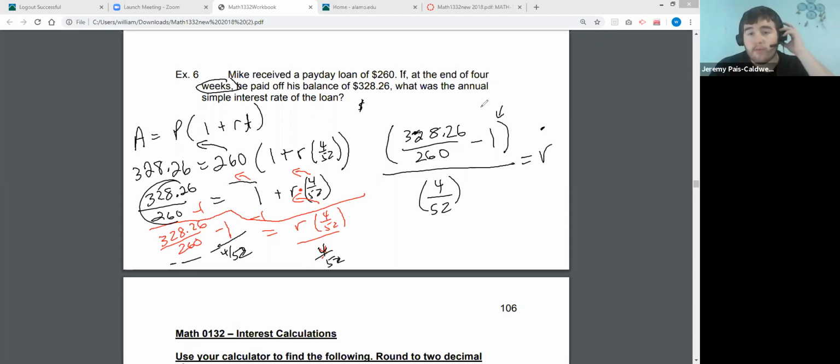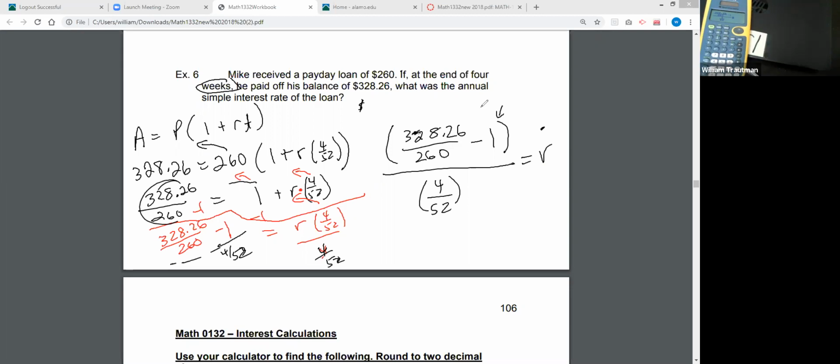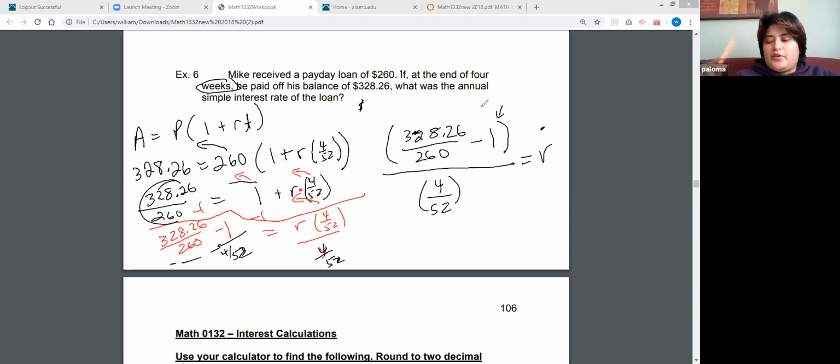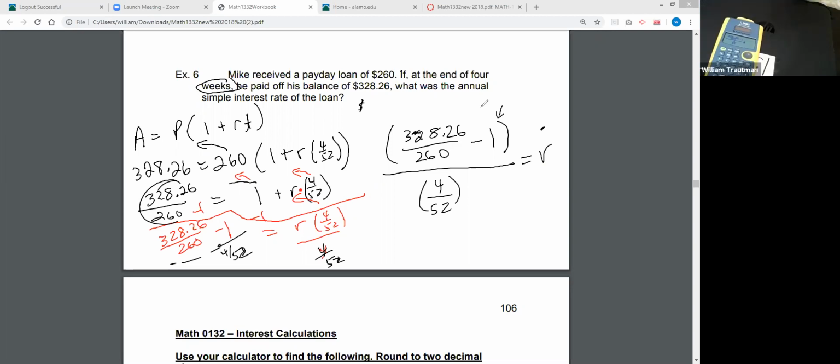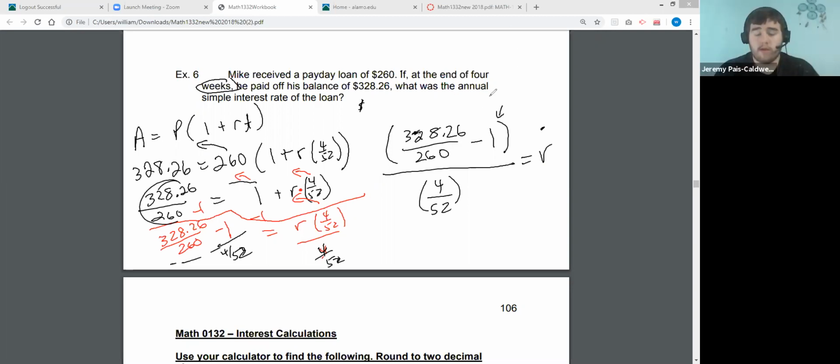And don't forget to put parentheses over. Am I correct? Yeah, I think if we use the fraction part, we're okay. Let's see if we get the same answer that I got. I got 16.48. Anybody else get that?